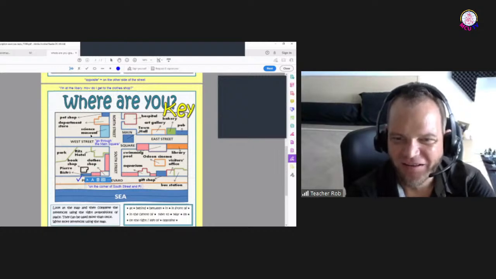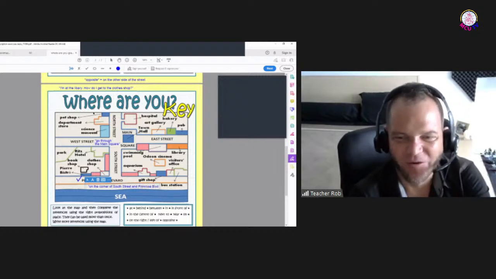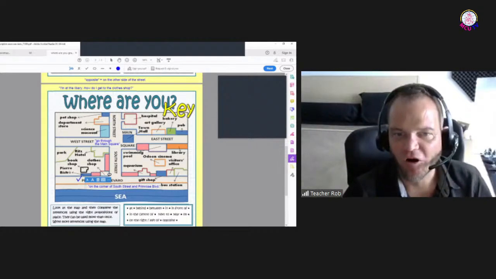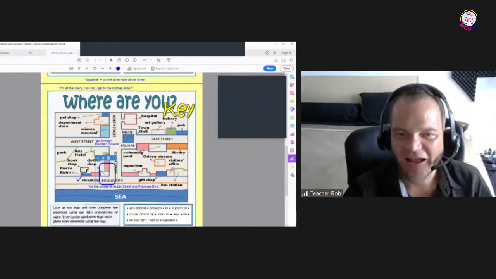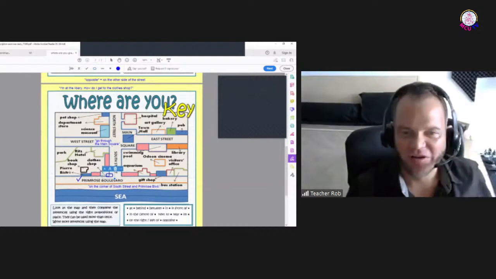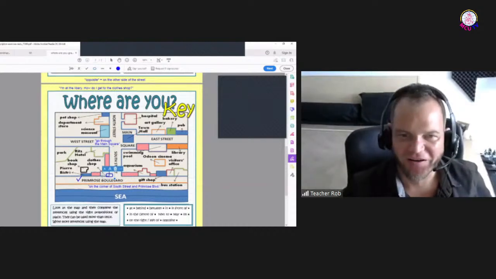It's always good to mention that if something you're looking for is on the corner. And when you do that, you always have to state the two streets that make this corner. So you say, oh yeah, you can't miss it. It's on the corner of South Street and Primrose Boulevard.